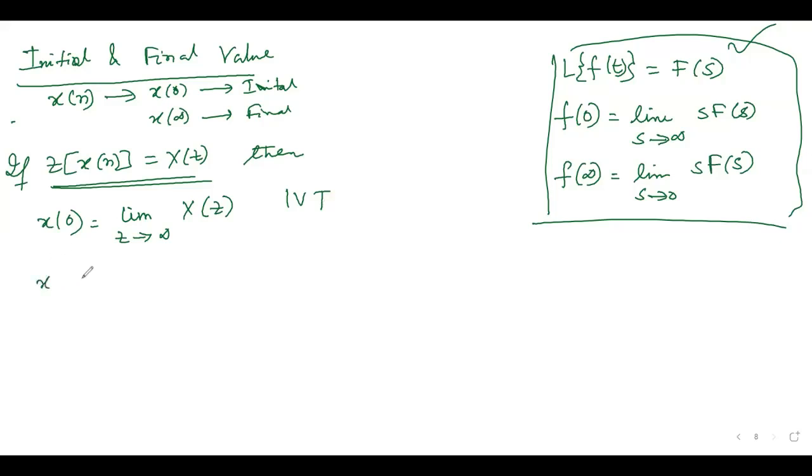And the final value of x(n) is limit z tends to 1 of (z minus 1) by z times X(z). Okay, this is the final value theorem. If you know the z transform of a sequence x(n), which is X(z), then from X(z) you can find the initial value and the final value.